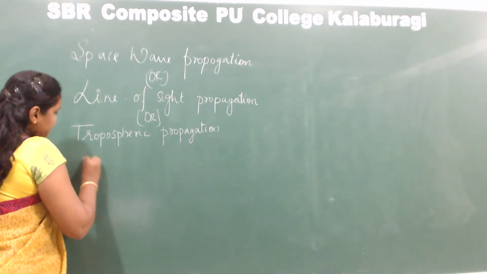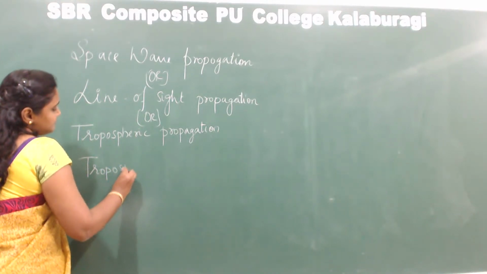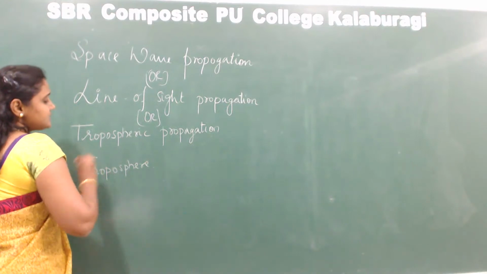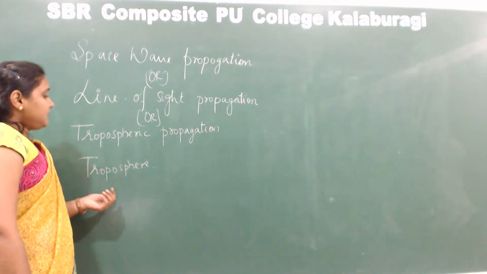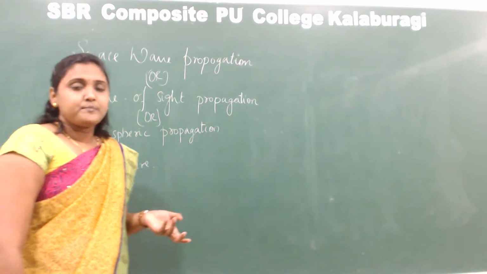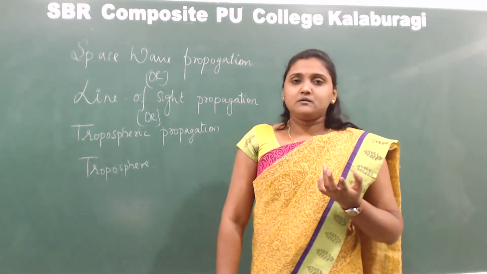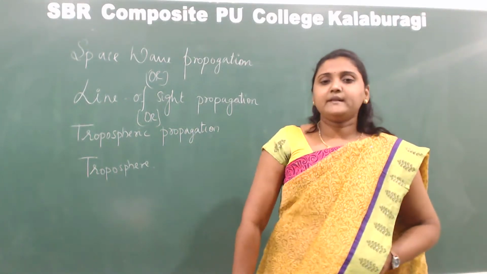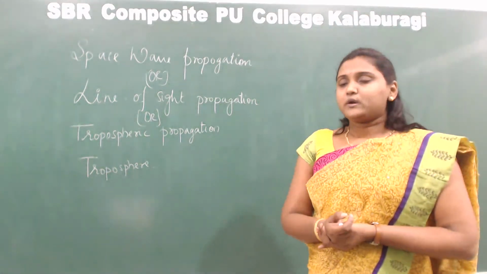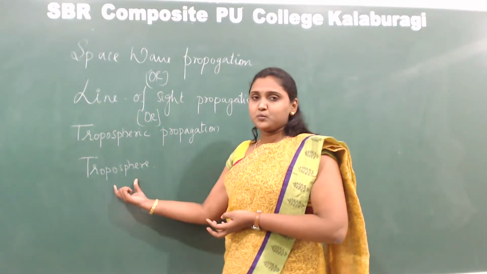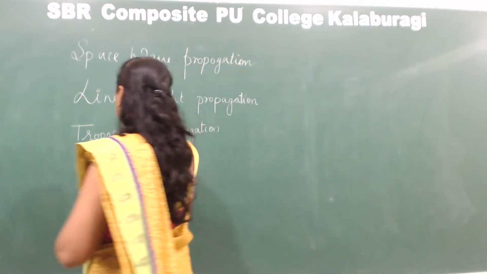So what is this troposphere? Okay, so this is the immediate layer above the Earth's surface where most of the moisture, wind, dust appears. All the dust, wind, and water is present in the troposphere. The layer of Earth atmosphere is called as troposphere, right?